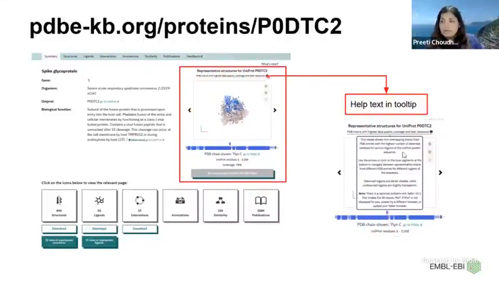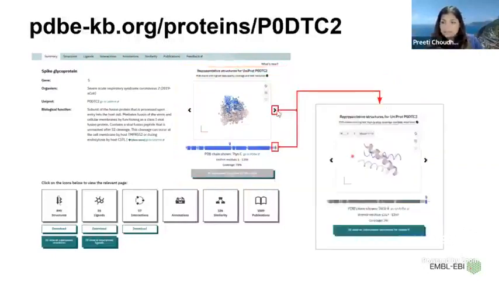In general, we use the PDB entry with the highest number of observed residues from various regions of UniProt protein sequences, and you can navigate by clicking on these arrows to the next region or the next segment of your protein.